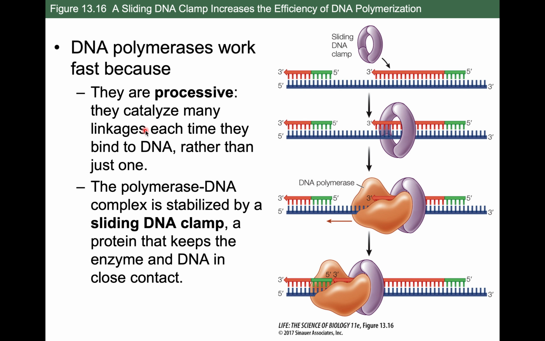So they're working at a breakneck pace. And there's other proteins like this sliding DNA clamp that can help keep the DNA polymerase centered and focused and lined up just perfectly on the DNA, so it's not going to fall off.